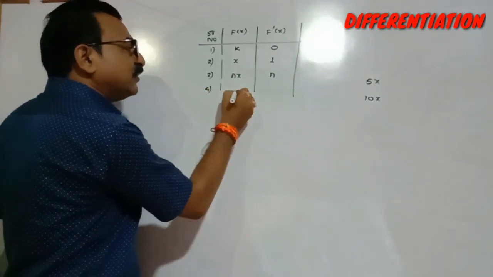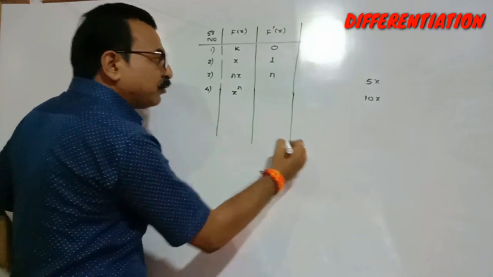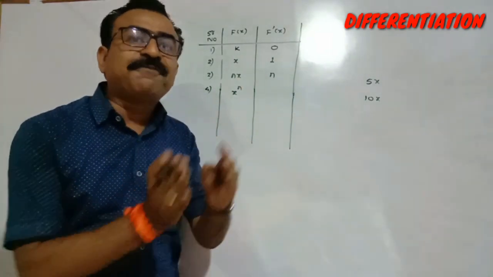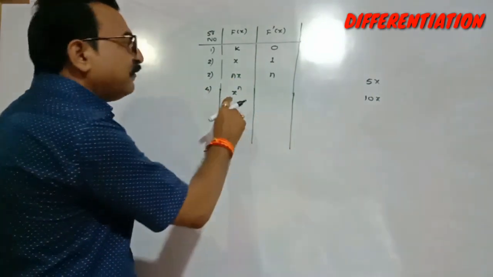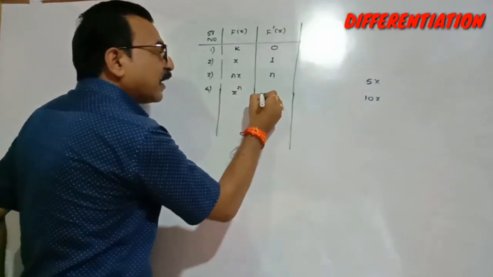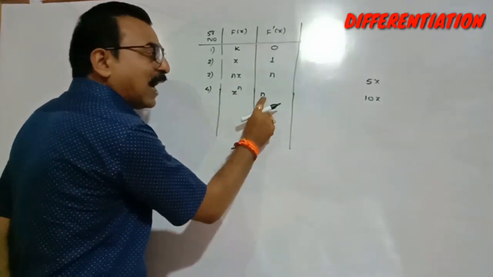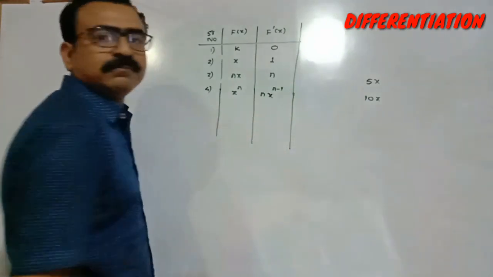Your fourth function is the derivative of x raised to power n. If you are given x raised to power n, an exponential term, and you have to find its derivative, write n as a coefficient, meaning take this power as a coefficient and reduce its power by 1.